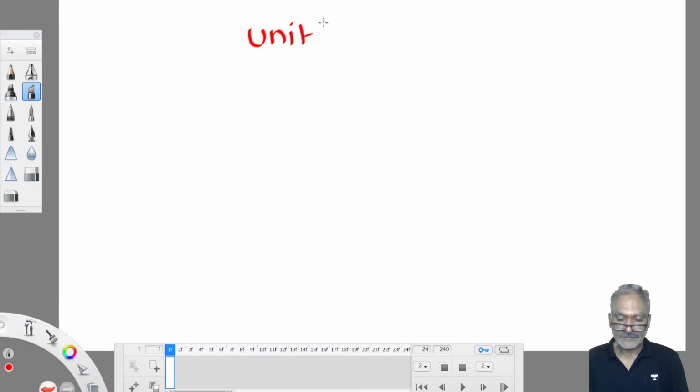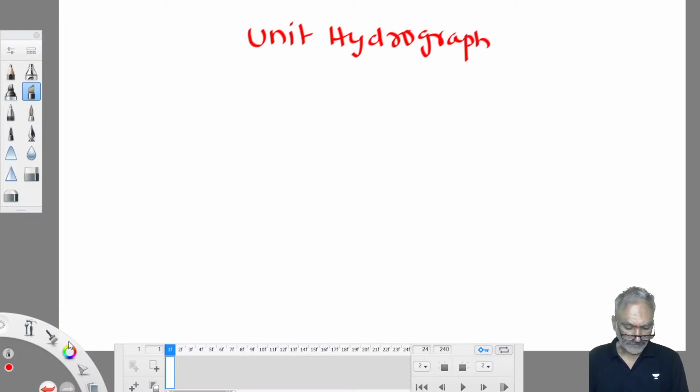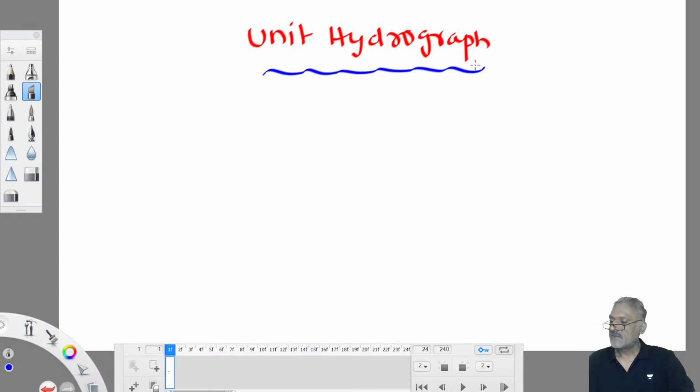This is the unit hydrograph. Before the development of the unit hydrograph concept, hydrographs were used only for finding out runoff. Except runoff, nothing we used to get. But after the advent of the unit hydrograph concept, the hydrological analysis was completely revolutionized.